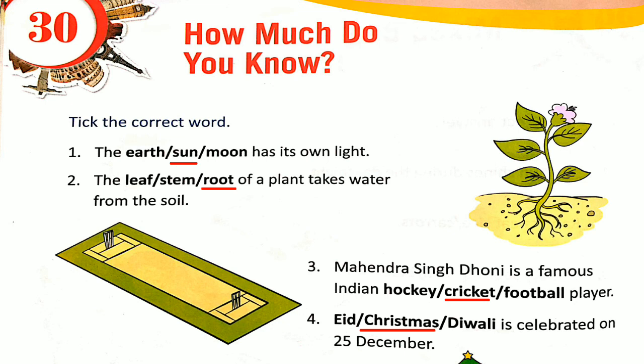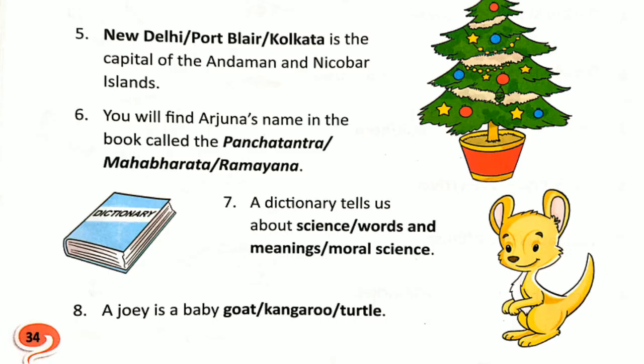Very good, children. Now next, number 5: New Delhi, Port Blair, or Kolkata is the capital of the Andaman and Nicobar Islands. Which is the capital of Andaman and Nicobar Islands? It's Port Blair. Okay, very good.